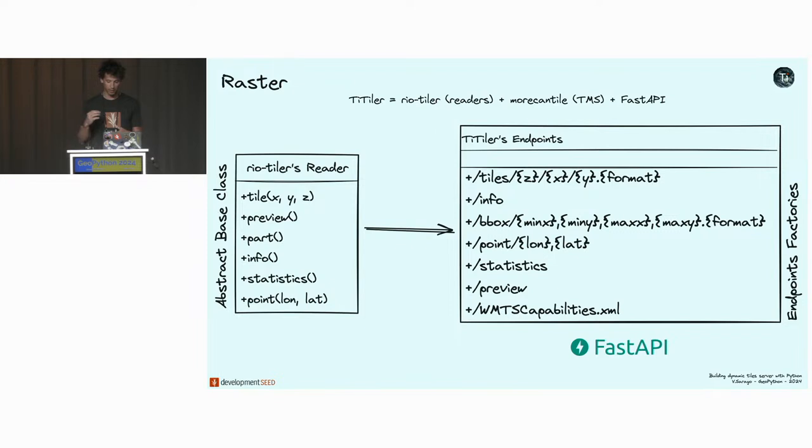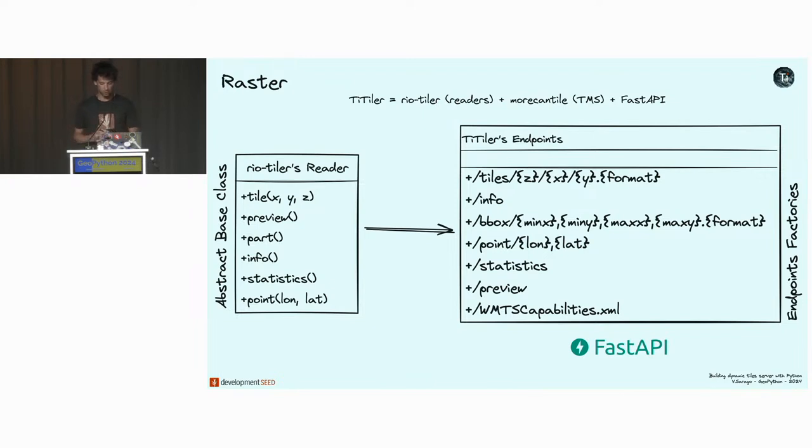Basically we inject RioTiler readers and Morecantile within the TiTiler application, which is a FastAPI application that will create endpoints, so tile endpoints for our service. So I wanted to mention that TiTiler is just a wrapper on top of RioTiler, which itself is a wrapper on top of Rasterio, GDAL, and Morecantile.